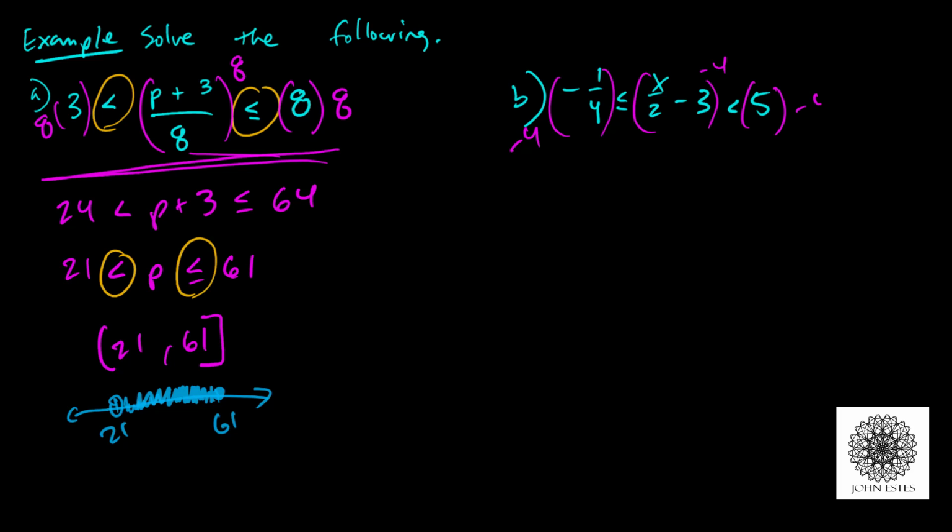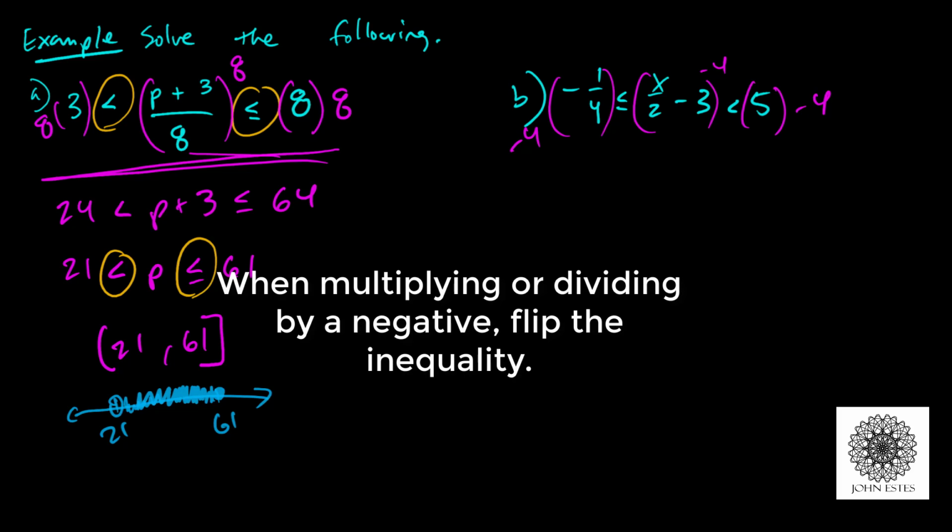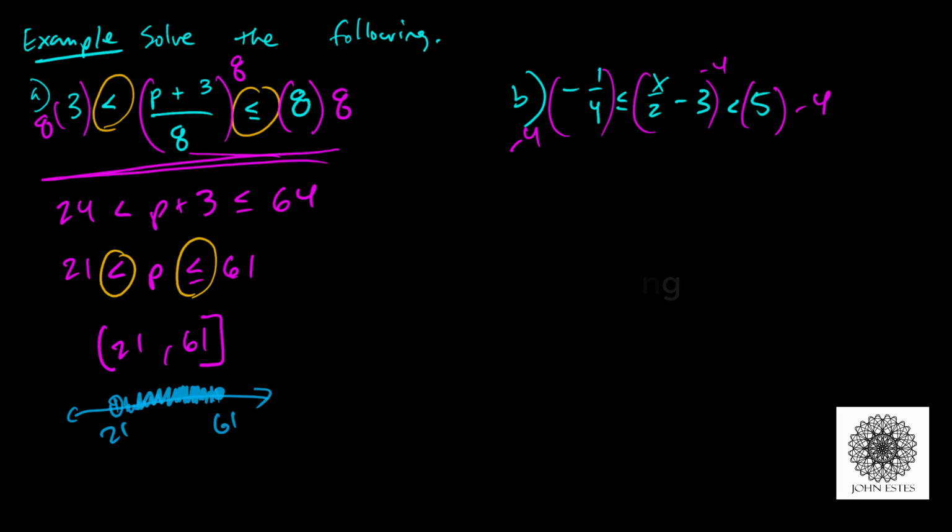Multiplying everything by negative 4, and don't forget, when you multiply an inequality by a negative number, what do you have to do? You have to flip all your signs. So here I have negative 4 times negative 1/4 is positive 1. I have to flip my sign, so that becomes greater than or equal to negative 4 times x over 2, and then negative 4 times negative 3 becomes a positive 12.